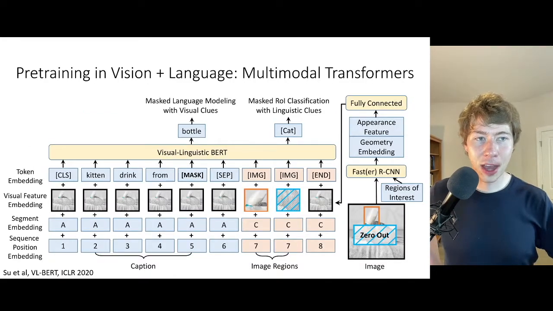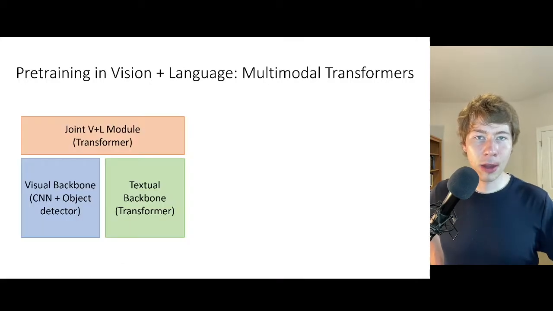This has gotten more complicated in the last couple of years as people have started using these large multimodal transformer models for vision and language tasks. And of course, their pre-training scheme is even more complicated.